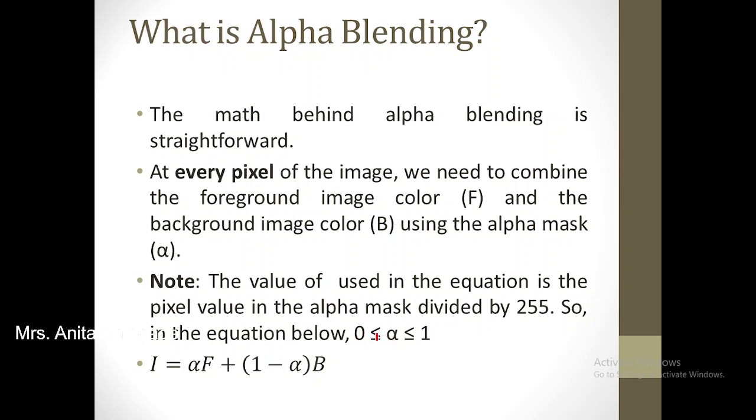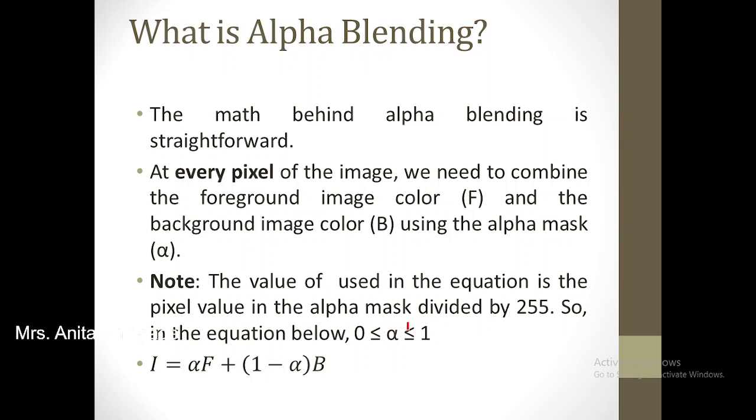If the value is between 0 and 1, it is a combination of the background and the foreground color. If the value is equal to 0, the output pixel color is the background color. If the value is equal to 1, the output pixel color is the foreground color.